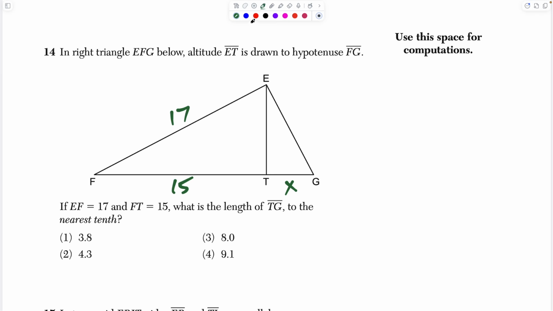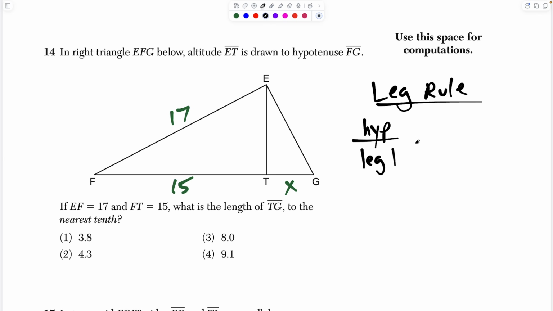For this question, the quickest way to get to the answer is to use the leg rule. The leg rule says that hypotenuse over leg 1 is equal to leg 1 over part 1. I'll label this triangle so we see what each piece means.